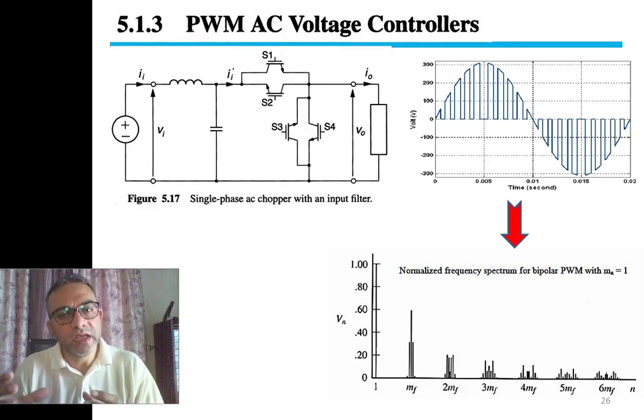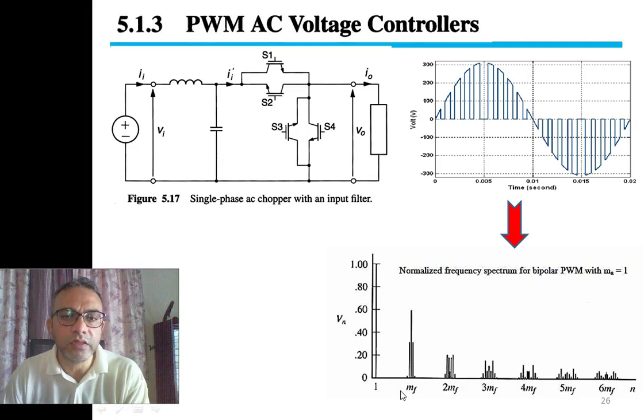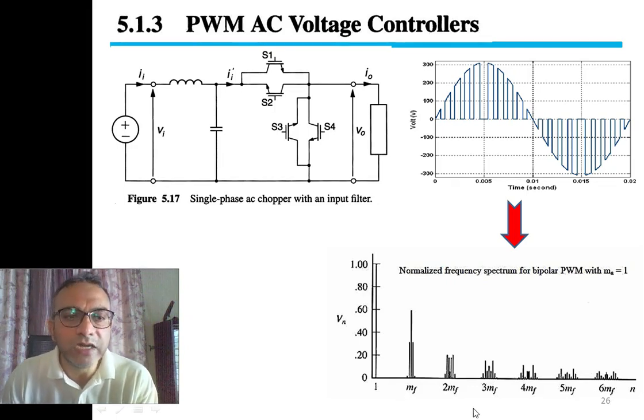So we can reduce this filter size by using algorithms that do not produce these harmonics in the first place.